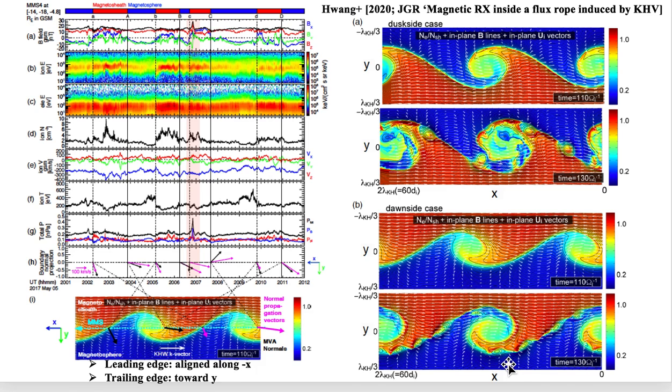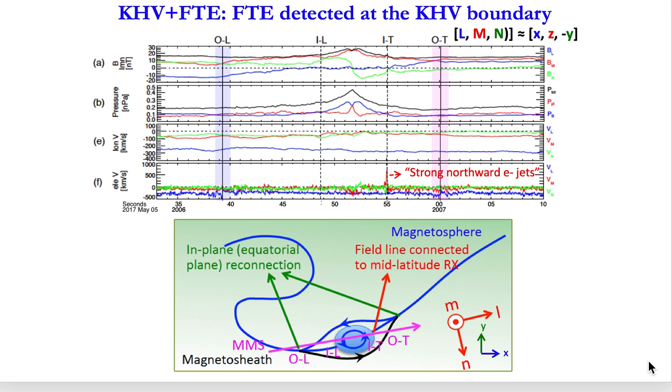Their formation timescales are similar, and the scale sizes are also similar, ranging from 0.02 lambda_KH, the wavelength of KH, up to 0.1 lambda_KH. Or maybe the dawn-side ones are a bit larger, but not very different.